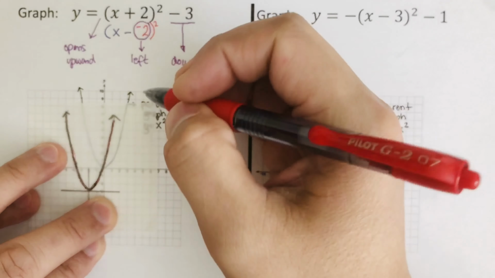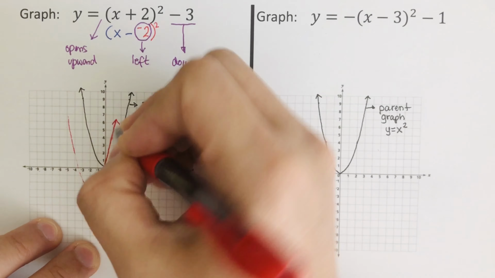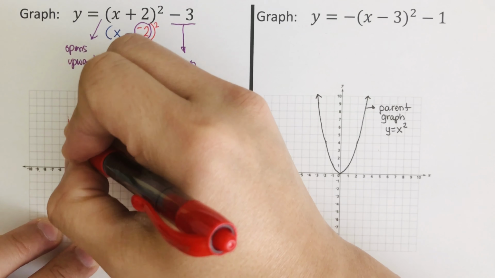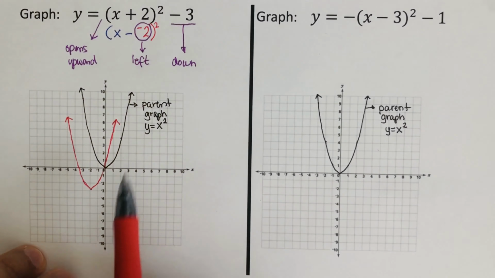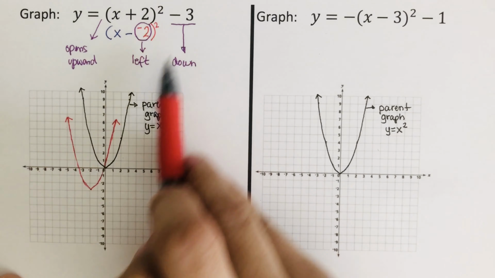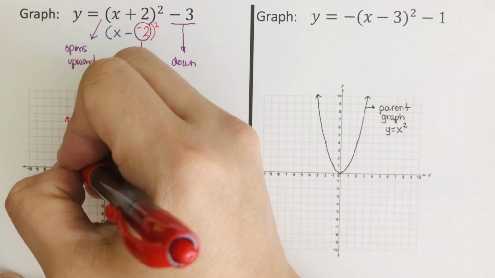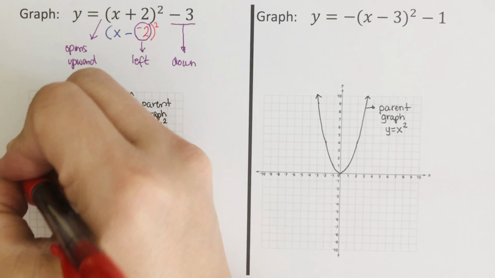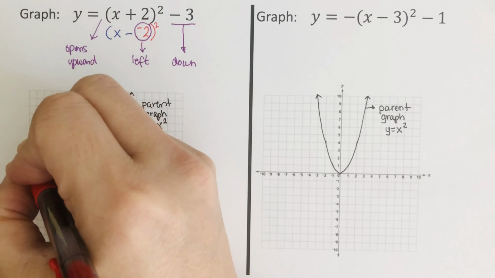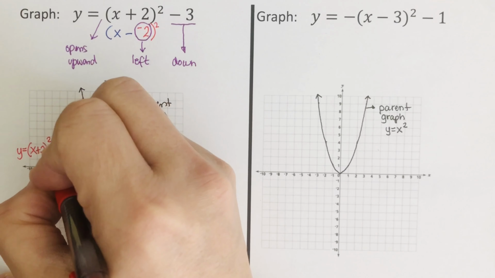I'm going to trace this graph and label its equation. Again, the graph moved 2 steps to the left and 3 steps down, because that is what the equation is telling us. So the equation for this graph is y equals (x plus 2) squared minus 3.